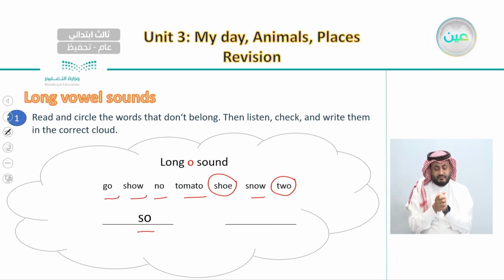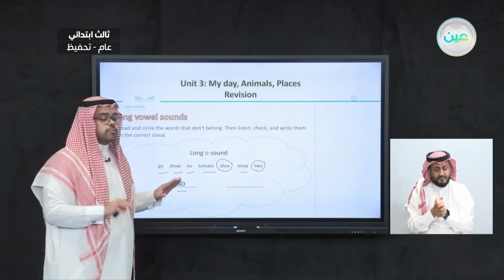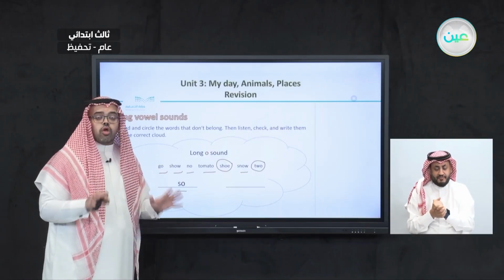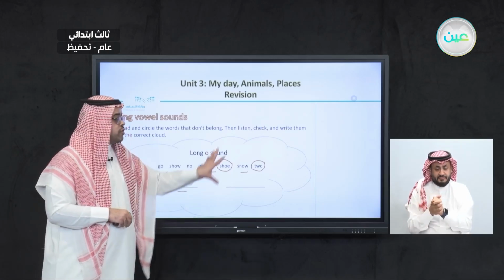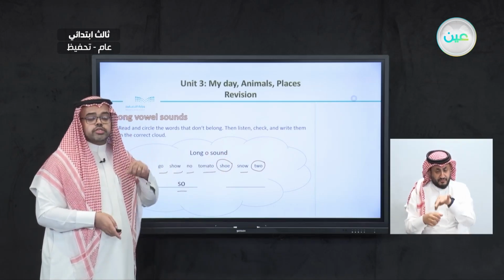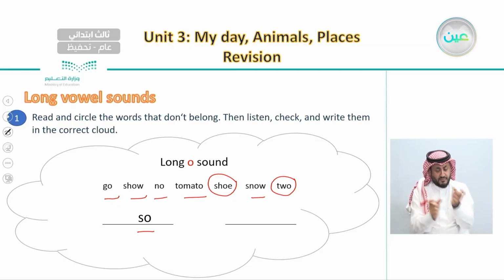So the words shoe and two, we circle them because they do not belong to the long O sound. We take these two words and we add two words, which are so and toe. So with the long O sound, we now have the words.